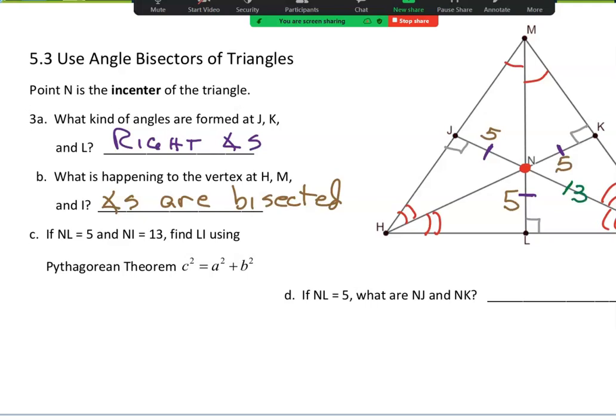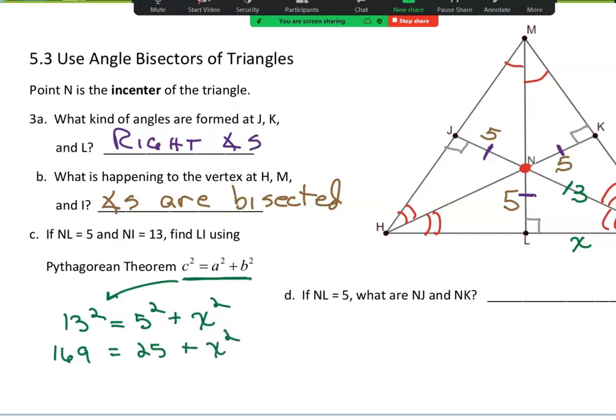Find LI, which is here, so I'm going to make that into x, using the Pythagorean theorem. Well, Pythagorean theorem, this is the theorem, but remember what it really says to us is that the hypotenuse squared equals leg 1 squared plus leg 2 squared. 13 squared is 169. 5 squared is 25. I'm looking for the x. Subtract 25 from both sides, and you get 144 equals x squared.